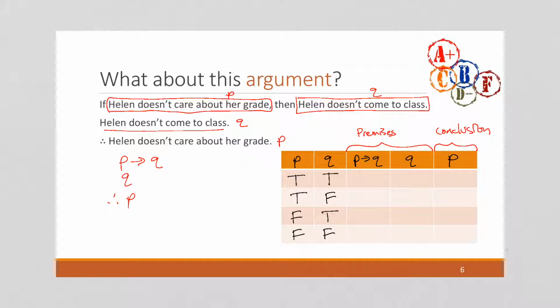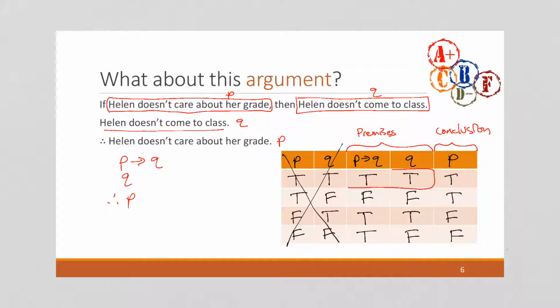So P implies Q: true, false, true, true. Q is true, false, true, false. And P is true, true, false, false. And again, you don't have to do these two columns, double them up. Let's find critical rows.